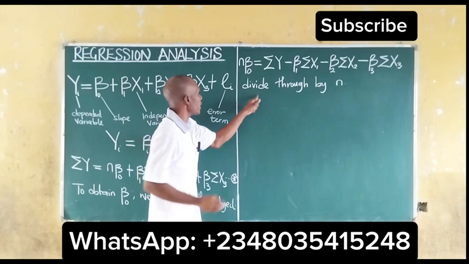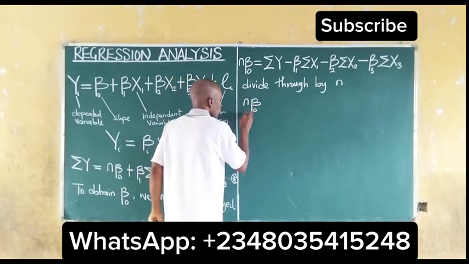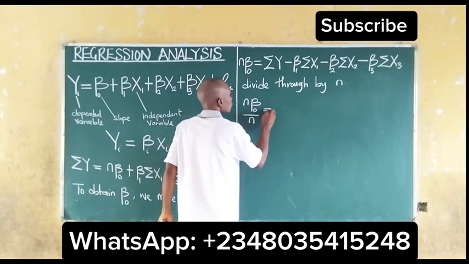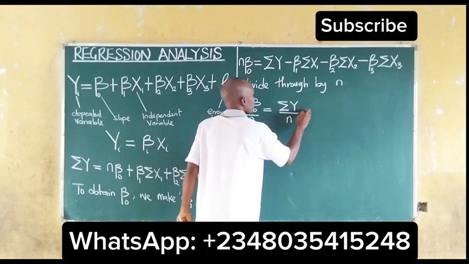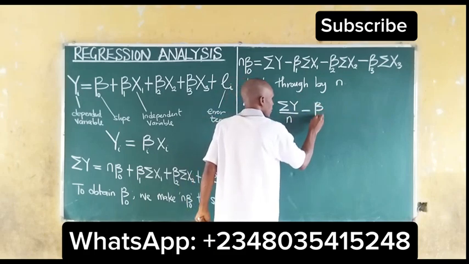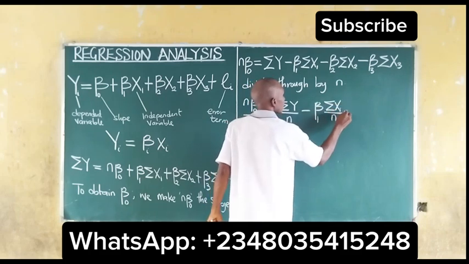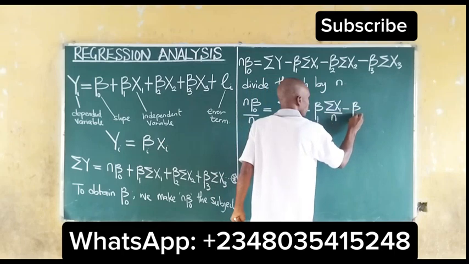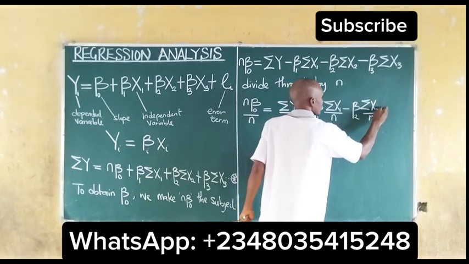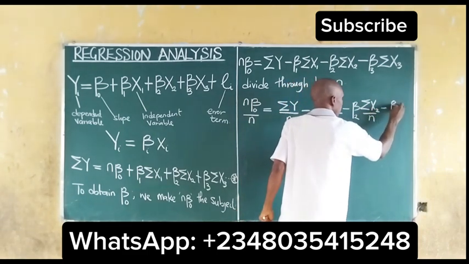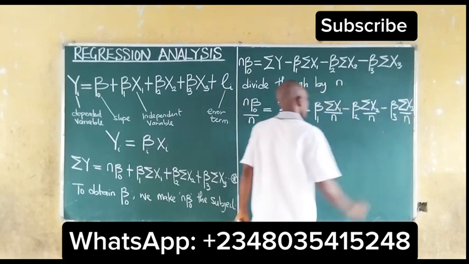When we divide through by n, we have n into b naught all over n is equal to summation of y all over n minus b1 summation of x1 all over n minus b2 summation of x2 all over n minus b3 summation of x3 all over n.